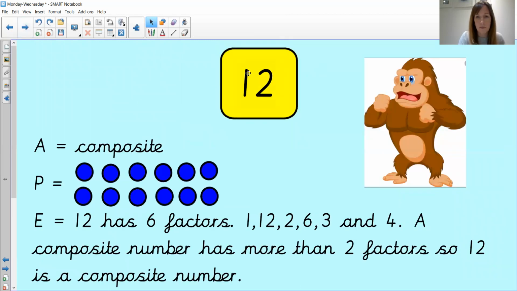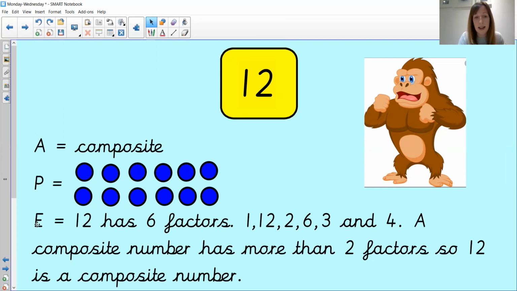So let's have a look. So 12. Now I know from my times table knowledge that 1 and 12 divide into 12, 3 and 4 divide into 12, and also 6 and 2 divide into 12. So I know it's got more than two factors, so it must be a composite number. So that's my answer, my A answer. My P is prove it. So to prove it, I have drawn an array to show that 2 and 6 are factors of 12.